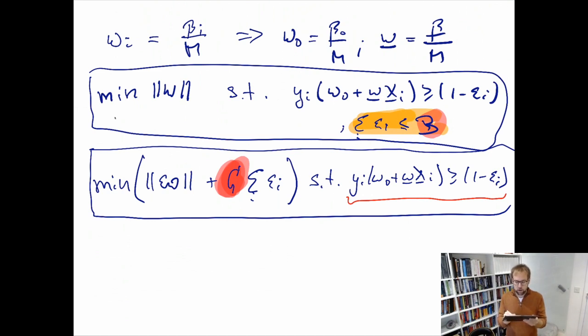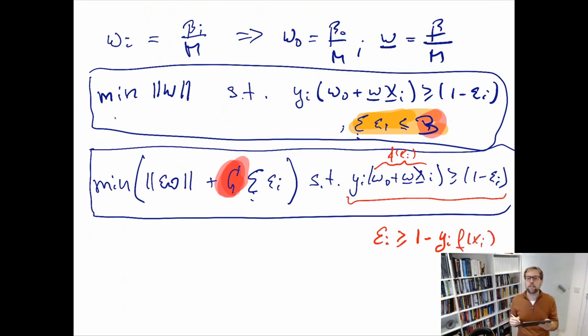So what would this be if I solve it for epsilon? Epsilon i would be bigger or equal to 1 minus yi times, and let's just call this whole thing f of xi to be a bit shorter. So this is if I solve for epsilon here.